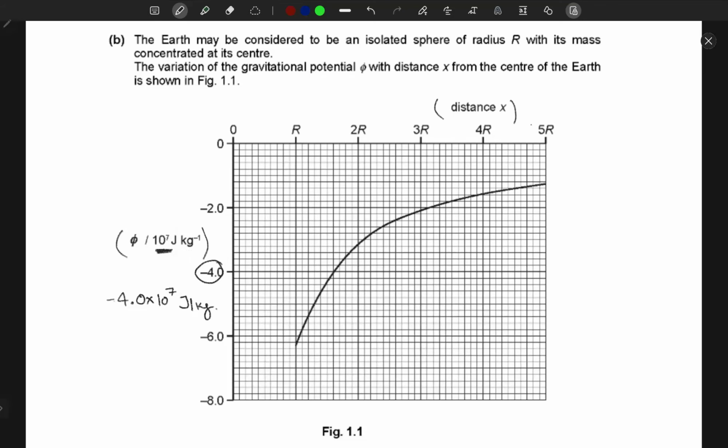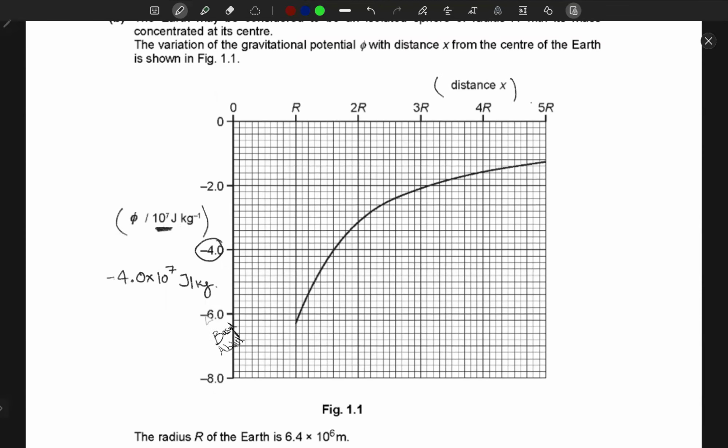So here we can see that this is the potential, and we're given the potential for some radii. We can see that at the radius r of the Earth, it's this value. Similarly, when the radius is 2 times the radius of the Earth, so you're moving away, the value of the potential starts to increase, right?